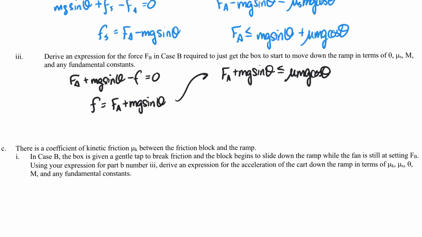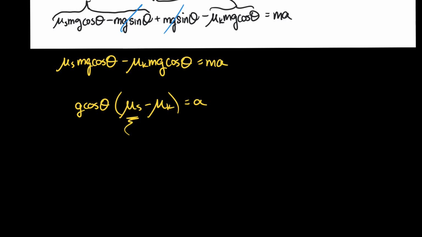And yes, I would expect you to be reusing stuff that you've already proven to save time. So that's all of that. Wow, a lot of work. That was 20 minutes of work.